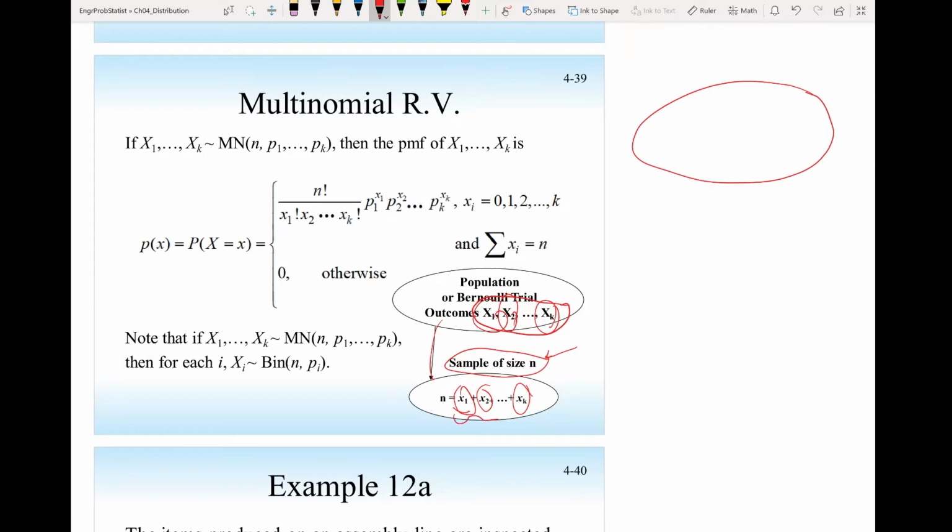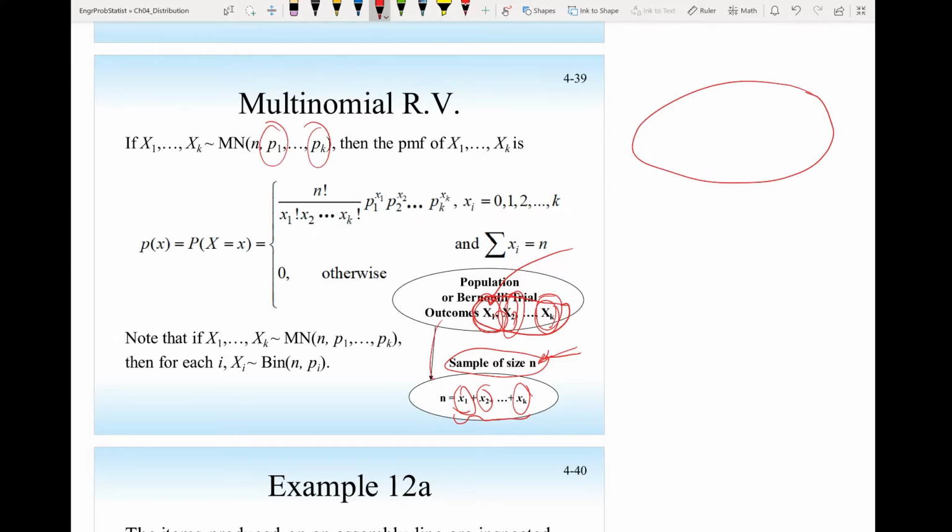And if I add all these, I will get n, the number of items in the sample, or the outcomes of the experiment I did. Each outcome here has a probability of occurrence. We call it P1 for the type x1, P2 for the type x2, and pk for the type xk. So now I want to know, if I carry out the experiment n times, what's the probability I will get that many of x1, that many of x2, that many of xk?